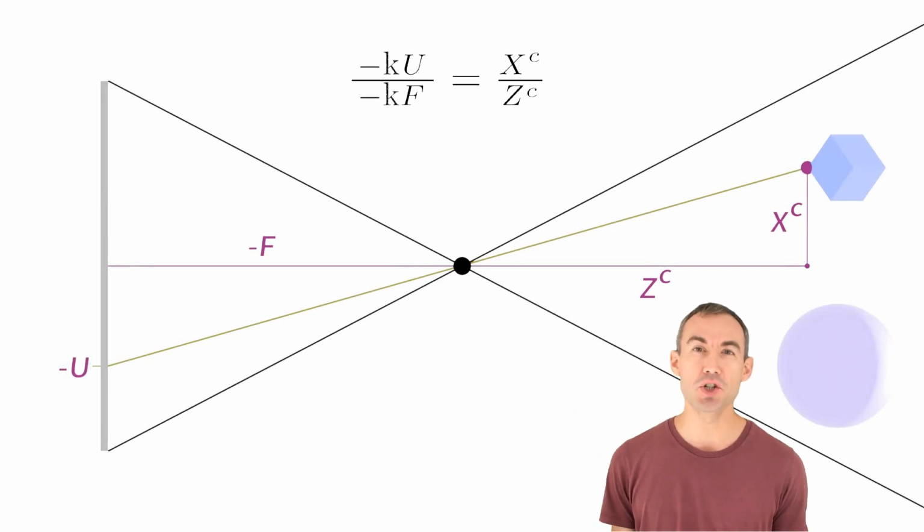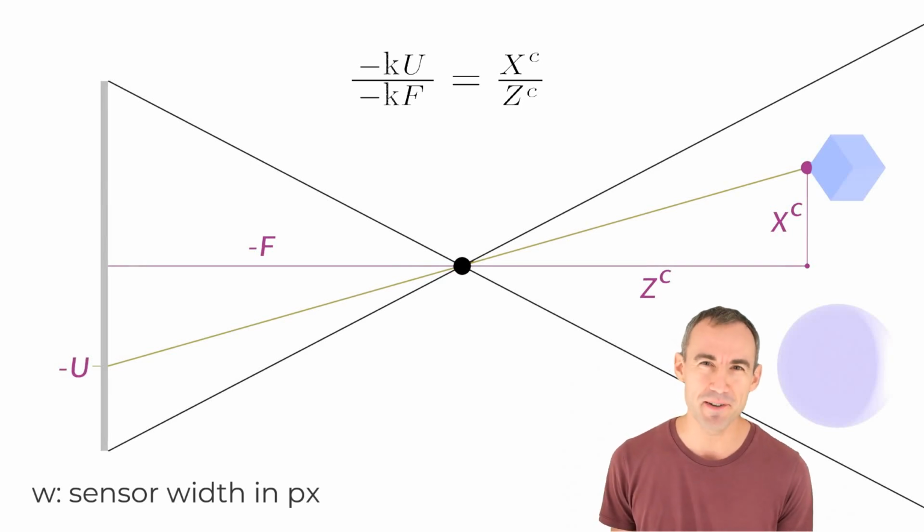So we can freely choose k, and since when we deal with pictures we usually work with pixels, it's convenient to choose k such that the distances are expressed in pixels. So let's use the letter small w for the width of the image plane or sensor in pixels.